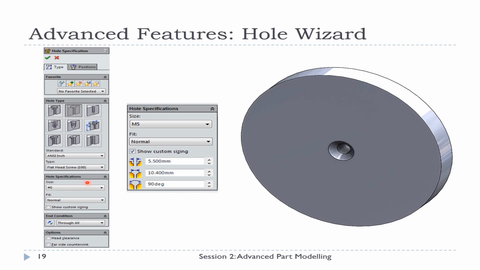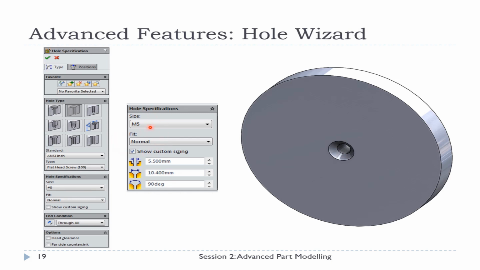So once you have selected the standard and type, you need to define hole specifications. Again, most of the time we will be working with metric threads according to ISO. You can select different metric sizes. Then if it's a clearance hole, you can define the fitment, whether it's a normal fit or close or loose kind of fits.